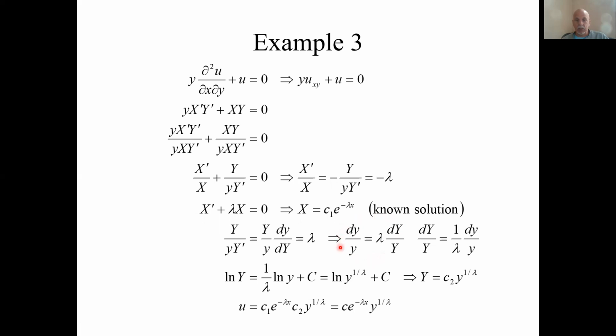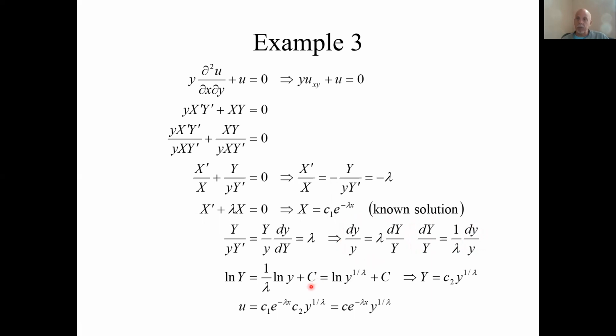Here it is. For some reason, I've put the 1 over lambda with the little y. So at this point here, we can integrate both sides. This will be natural log of big Y. This will be 1 over lambda natural log of little y.